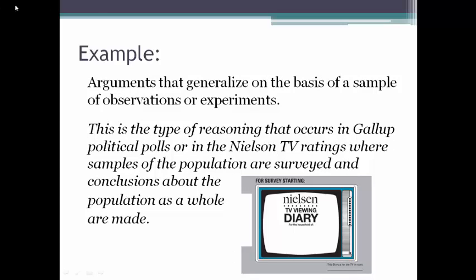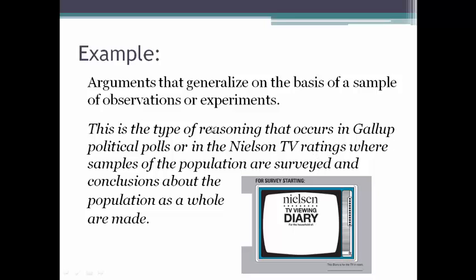We'll be talking a lot about this sort of stuff later on in the course, but for now think of examples like the reasoning that occurs in Gallup political polls, or the Nielsen TV ratings, where samples of the population are surveyed and conclusions about the population as a whole are made. In any individual Gallup poll or Nielsen rating, a pretty small percentage of the population is actually surveyed.